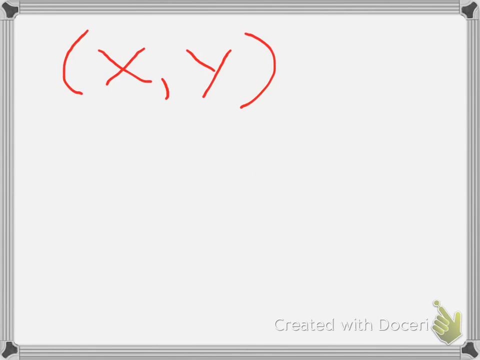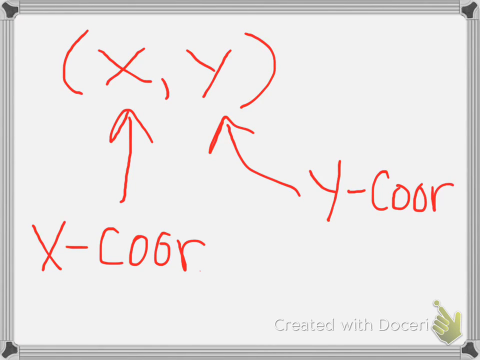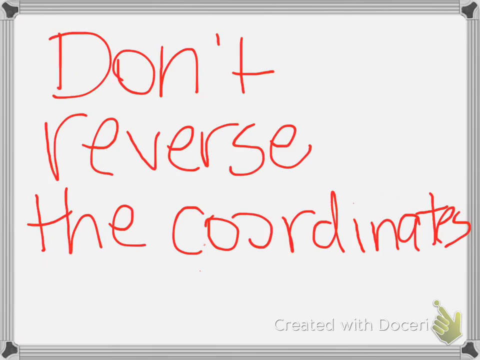And then in your ordered pair, where it's written like this, the first number in your ordered pair is called the x coordinate, and I'm just going to abbreviate right there. And then the second item in your ordered pair is called the y coordinate, and I'll abbreviate that too.